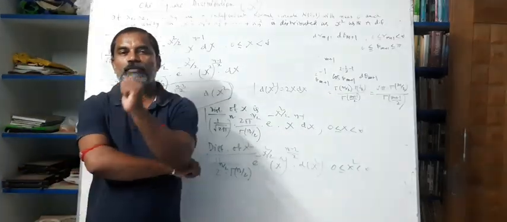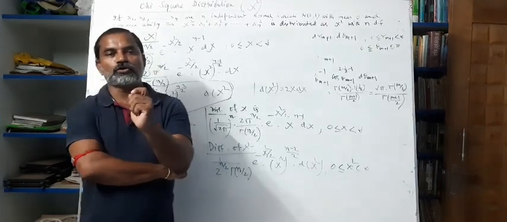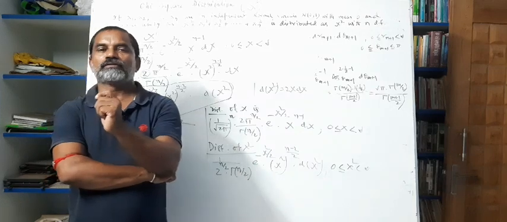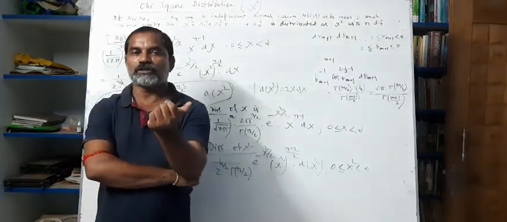Here we summarize the total class. If x1, x2, xn are n independent standard normal variates, then the sum of the squares of the standard normal variates is a chi square distribution with n degrees of freedom.